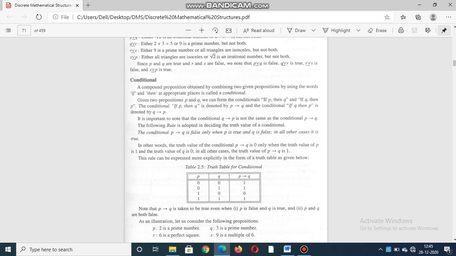In all remaining cases the output is 1. This we call a conditional statement. Observe properly. P implies Q, in the sense 1 implies 0, only then your output is 0. All remaining times your output is 1. If the same condition is in the reverse manner, 0 implies 1, definitely the output is 1. Your only condition is 1 implies 0, at that time your output is 0. In all remaining conditions your output is 1.